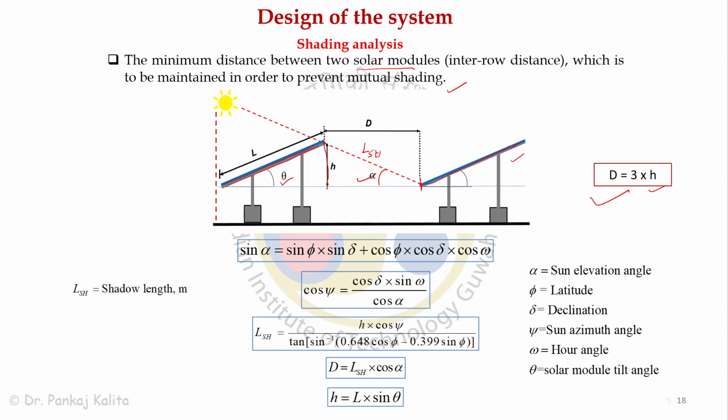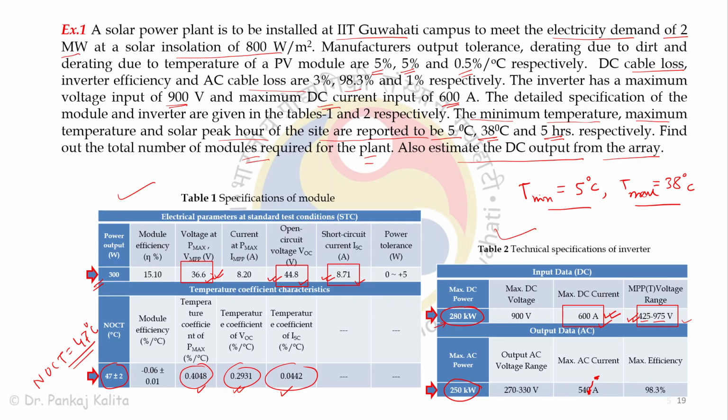So these are the empirical relations that can be used to determine the length of the shadow and various other things. This can be quite a tough, challenging question.